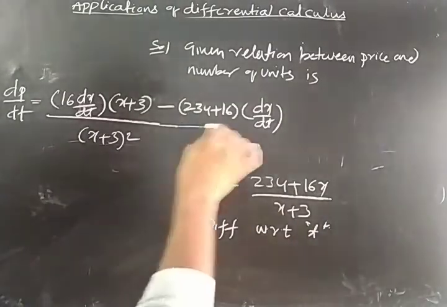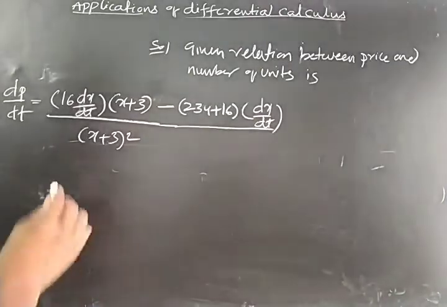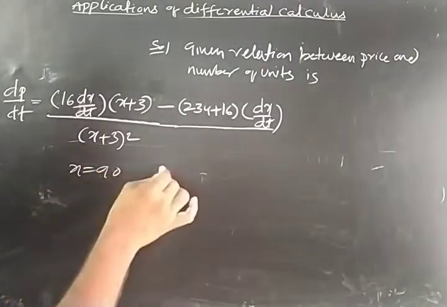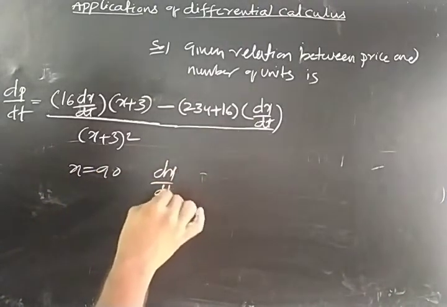So here we are given that x is equal to 90 and dx by dt is 15.